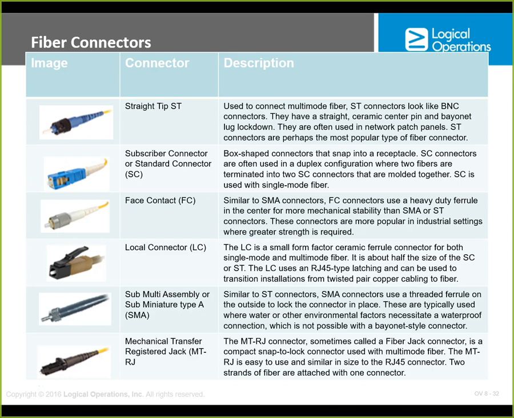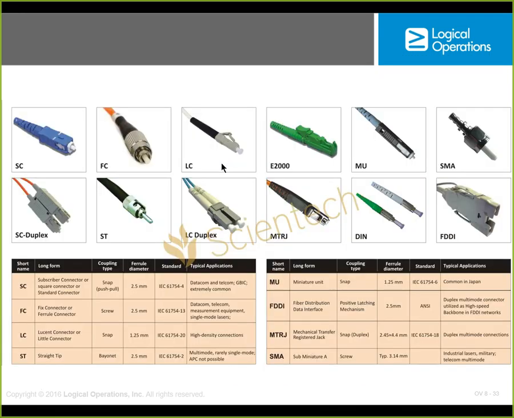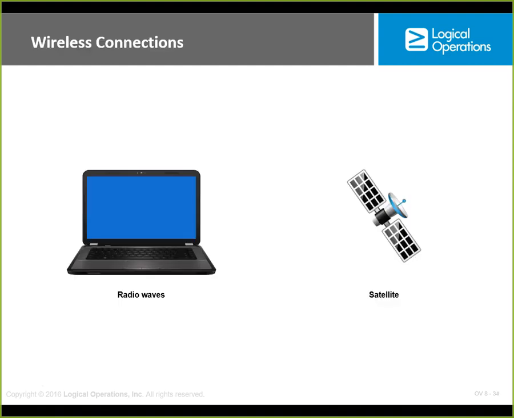Connect multimode fiber, box-shaped connectors that snap into the receptacle. So different ones, they all have the same purpose in life, which is to have light connectivity instead of electromagnetic connectivity. Another one, this is out of Google Images, different descriptions of these things. The slides are available to you in the A+ share if you want to use them.